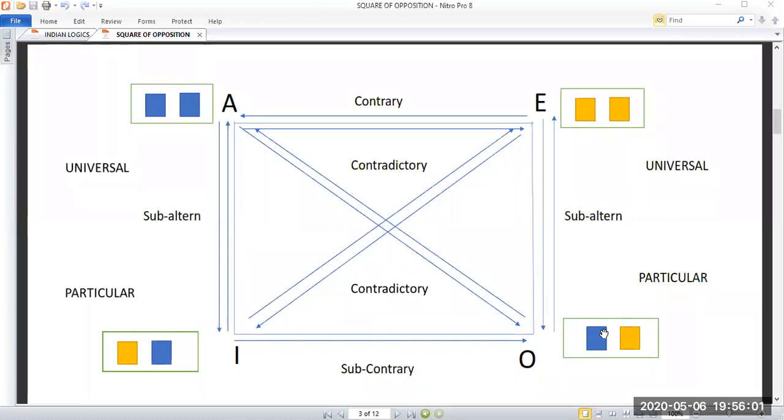It's not like both are yellow. At least one should be blue. Are you getting me? Yes.